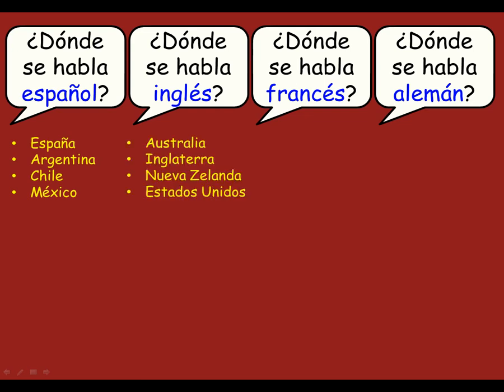So we needed Australia, Inglaterra, and Inglaterra, of course, is England. Nueva Zelanda. Which country do you think Nueva Zelanda is? That's right, New Zealand. And finally, Estados Unidos. Where is Estados Unidos? That's right, that's the United States.